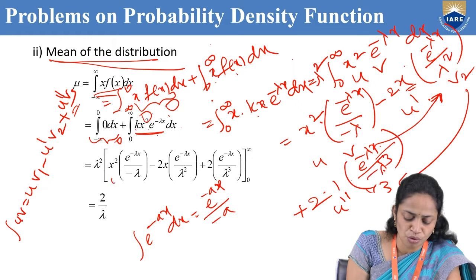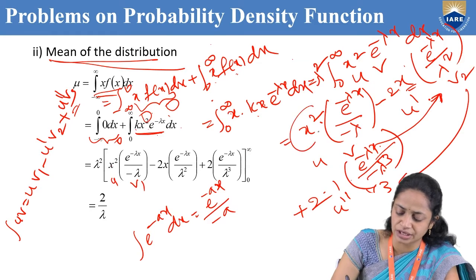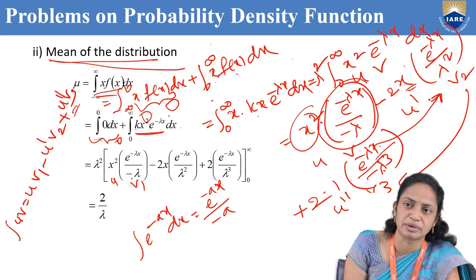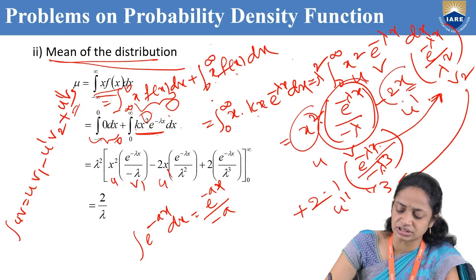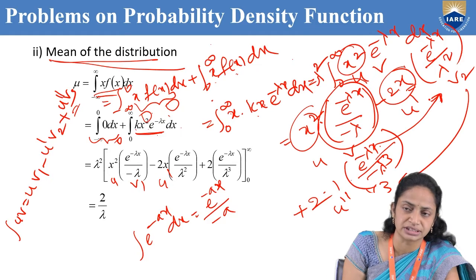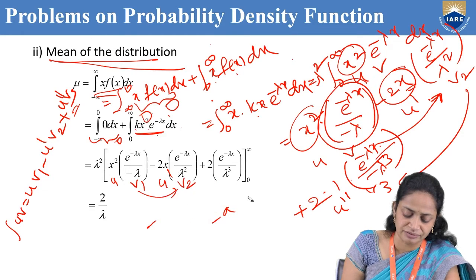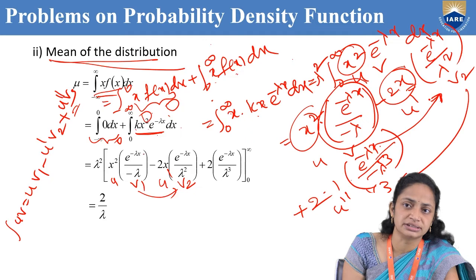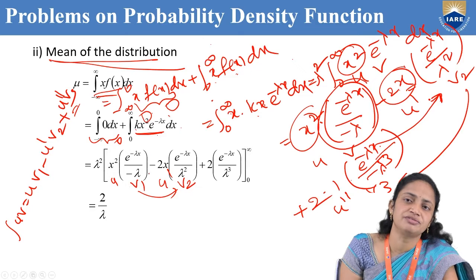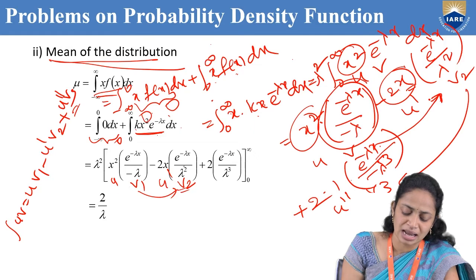So u v1 is x square into e power minus lambda x divided by minus lambda, minus u dash, the differentiation of x square, which is 2x, times v2, the integration of v1: e power minus lambda x divided by minus lambda into minus lambda, which is lambda square.